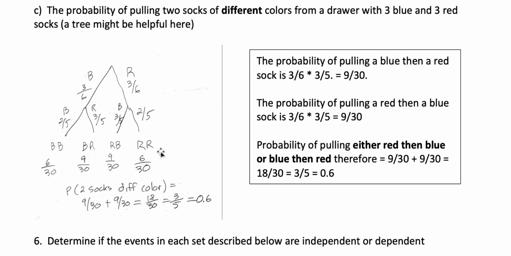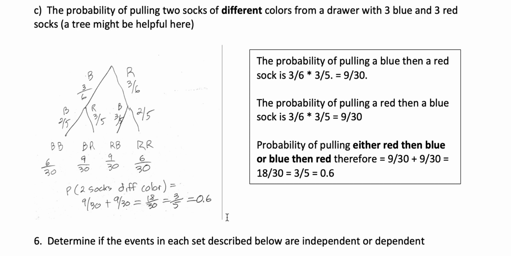We multiply out, and we get these 4 possibilities. When we add them together, we get 30 out of 30, because these are the only 4 possible outcomes. The probability of getting 2 socks of different colors then would be 9 out of 30 if you got blue and red, and 9 out of 30 again if you got red then blue, and the sum of those would be 18 out of 30, or 3/5.